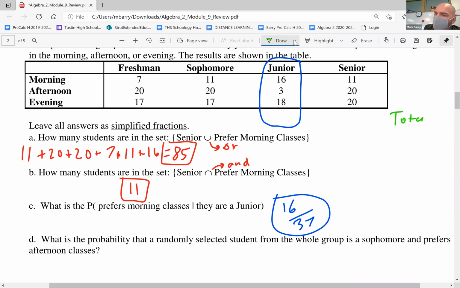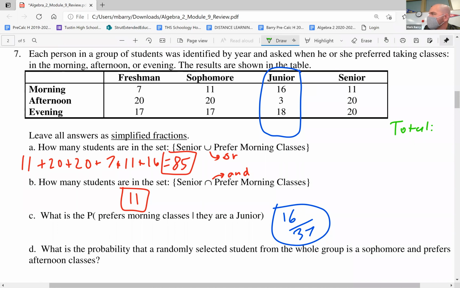I think knowing the total for the whole table is helpful for this question. So I did that. I got 180.